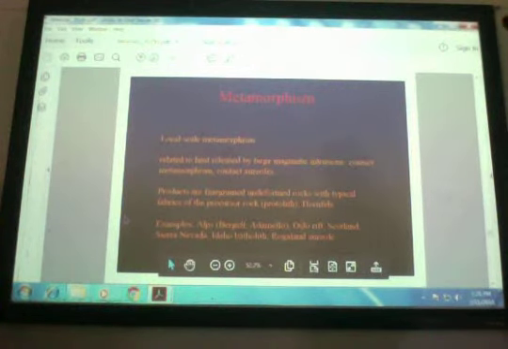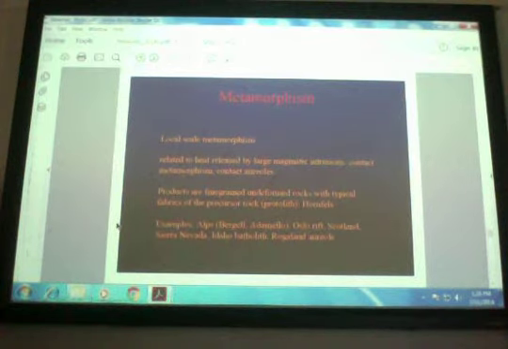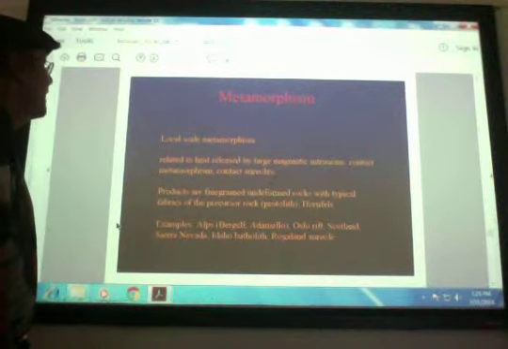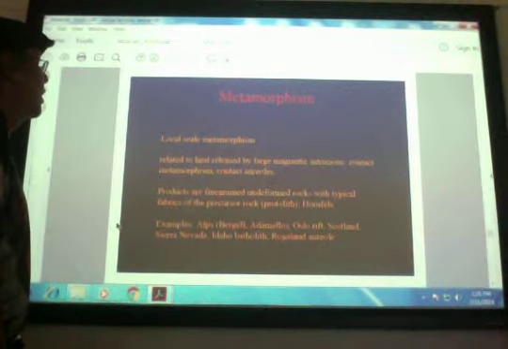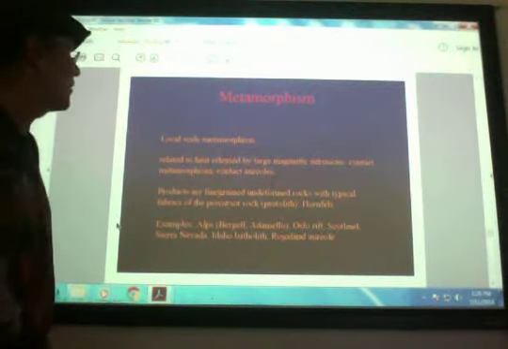Then we have local scale metamorphism. As I told you before, that is related to magmatic intrusions, and then you are forming contact aureoles. This is a contact metamorphic zone, and therefore you are forming other products.